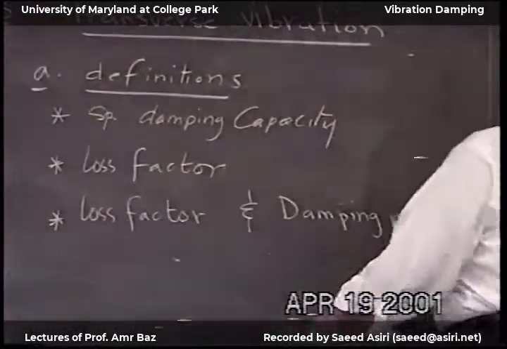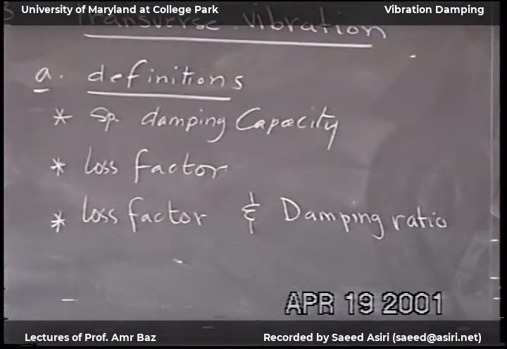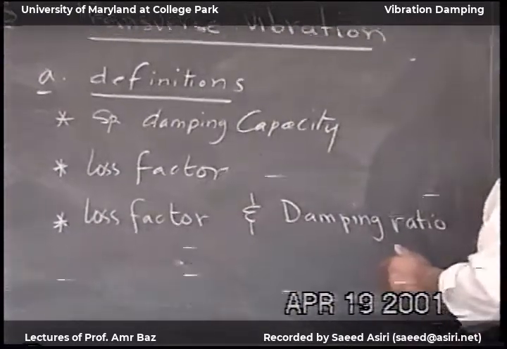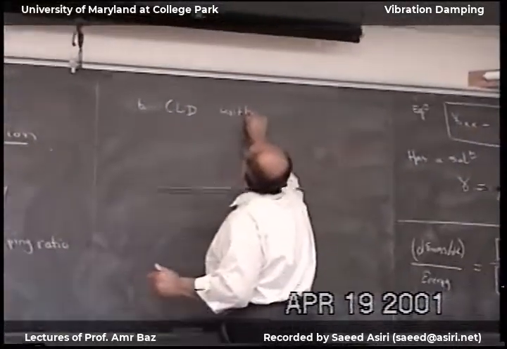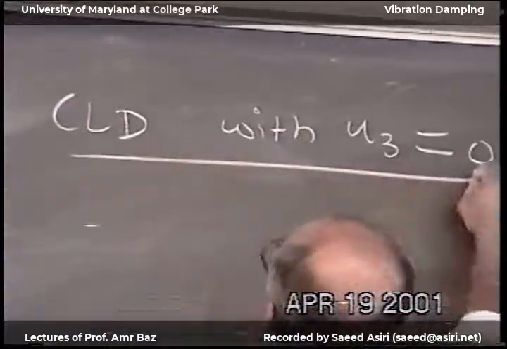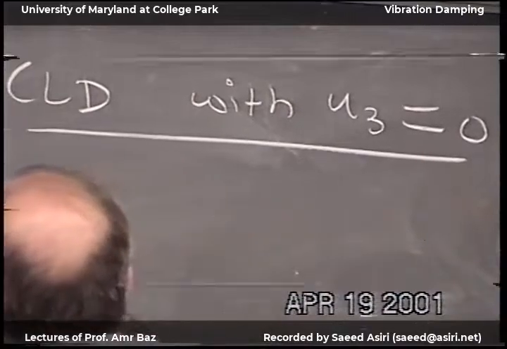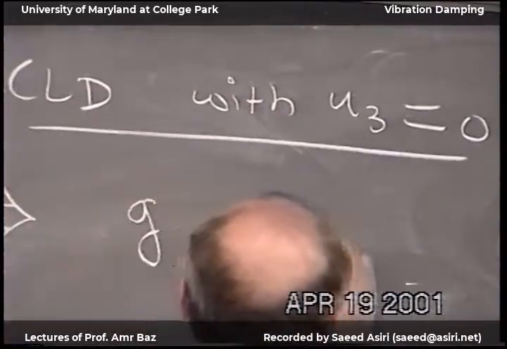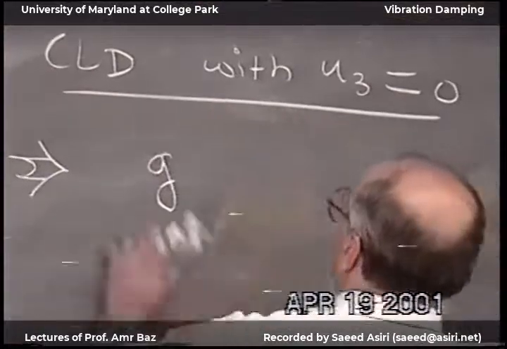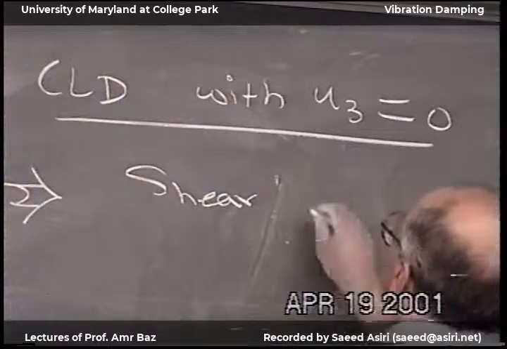And then we did constrained layer damping with U3 is equal to 0. And then I found from this G shear modulus optimum parameter.